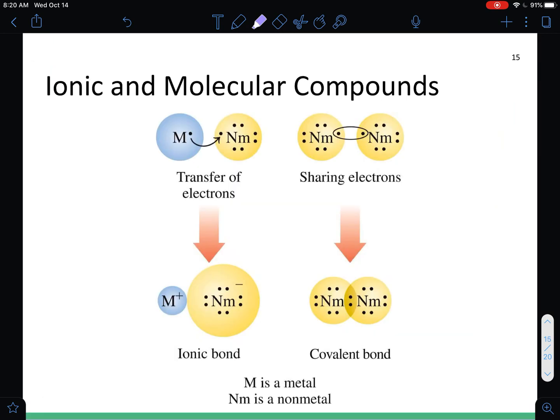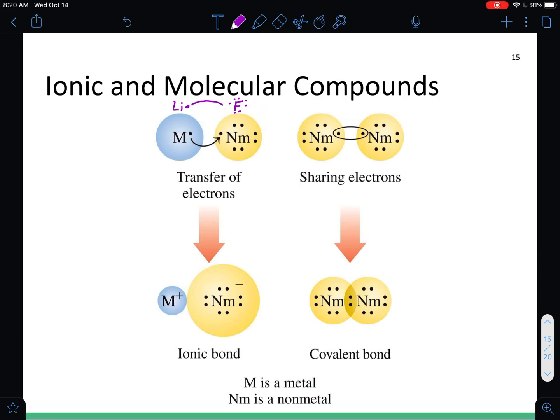So now, when these charged atoms or ions are formed, we have ionic bonds that result. So if we have a metal, and we can keep using that lithium and fluorine example. So lithium has 1 valence electron, where fluorine has 7.